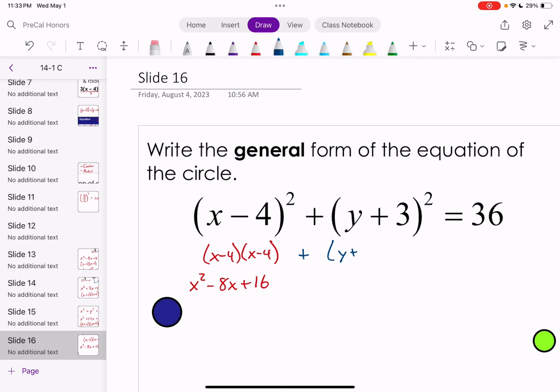We have y plus 3 times y plus 3, which is y squared plus 6y plus 9. Keep in mind we are trying to make the entire equation equal to 0, which means we're going to subtract 36 from both sides.